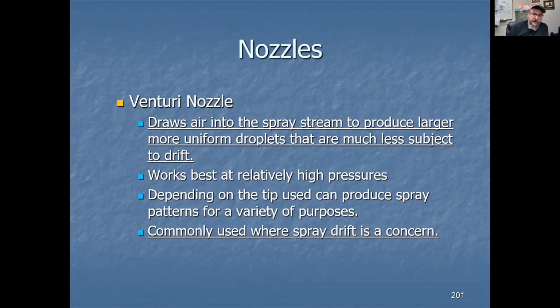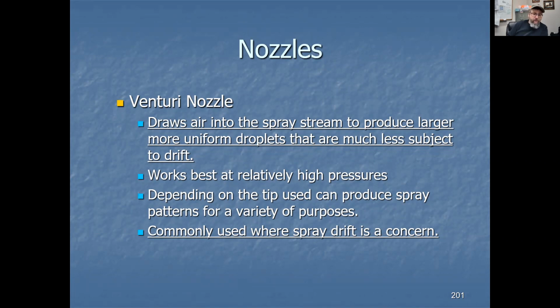Now, I have this underlined because drift is a major problem, and when we're using herbicides and whatnot, it's important that drift be minimal. And so the Venturi nozzle is probably one of your best nozzles to help control drift.